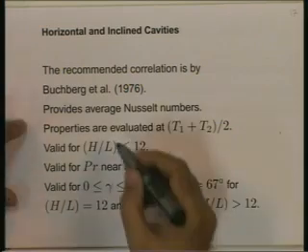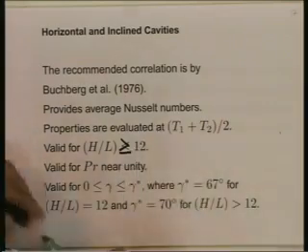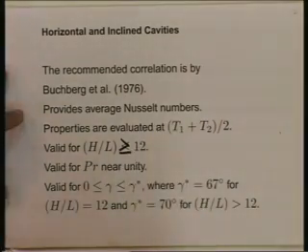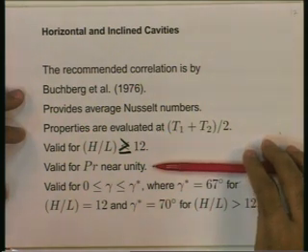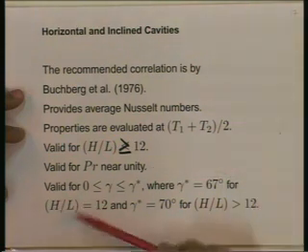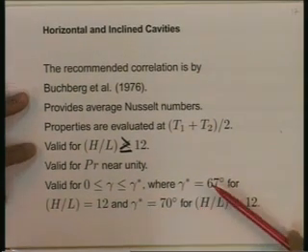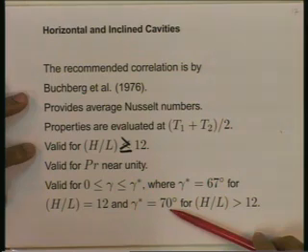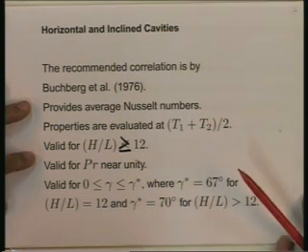It is valid for long cavity, that is H by L greater than or equal to 12. Since the data is essentially with air, it is expected that these are valid for Prandtl number near unity, for air or for water. One correlation is valid for horizontal cavity and cavities inclined at approximately 67 degrees to 70 degrees. That is the range of the inclination of the Buchberg correlation.